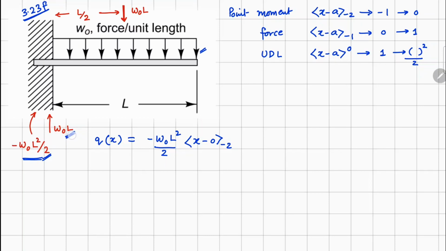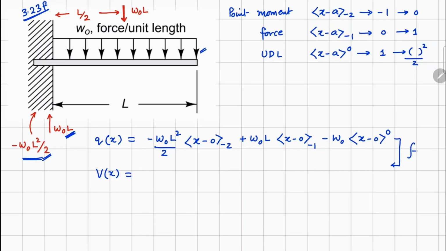Then we have this point force going upwards, so positive direction, W naught L times x minus 0 to the power minus 1 because of point force. And then the distributed force, so minus W naught starting at 0, because of distributed force it's going to be power 0.